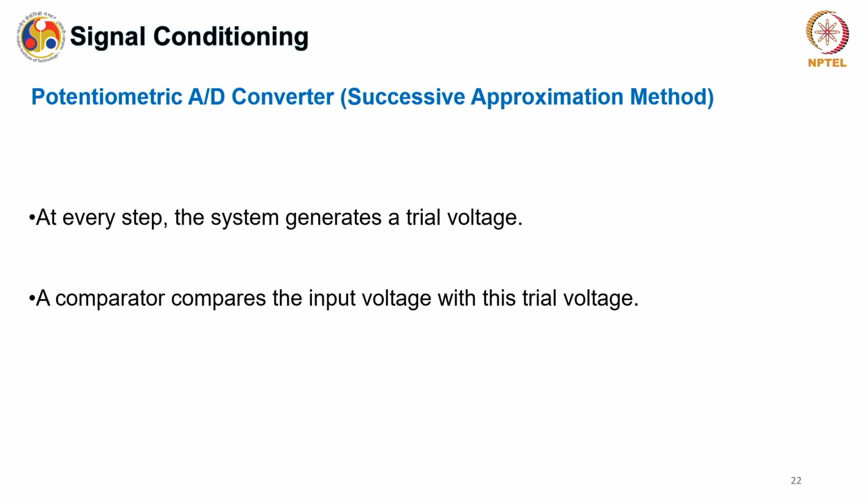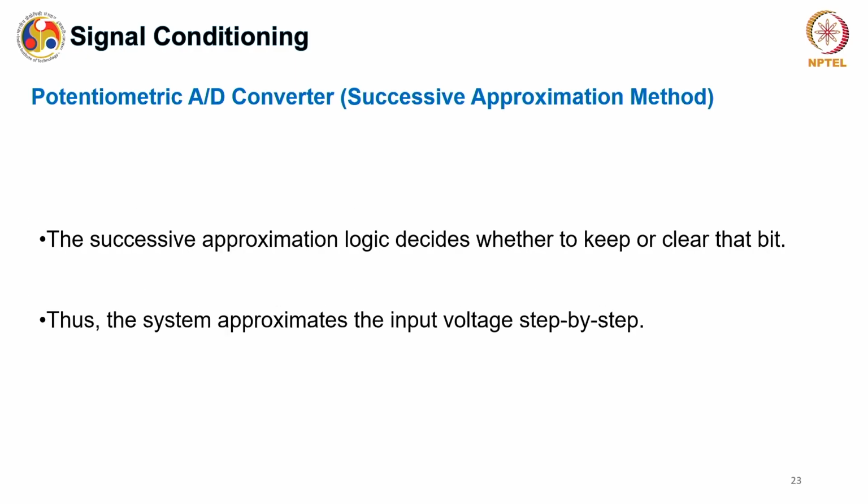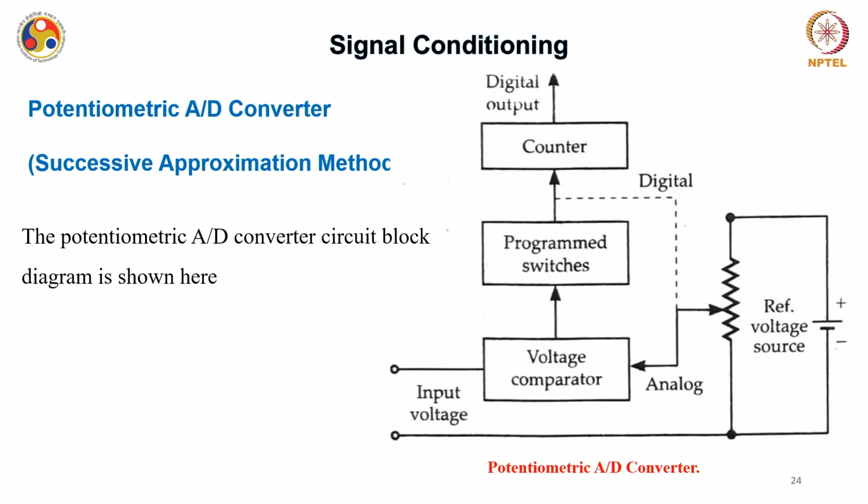At every step in this process, the system generates a trial voltage. A comparator compares the input voltage with the trial voltage. Now the successive approximation logic decides whether to keep this bit or clear that bit. Therefore, the system approximates the input voltage step by step, and that is why the name is successive approximation method.